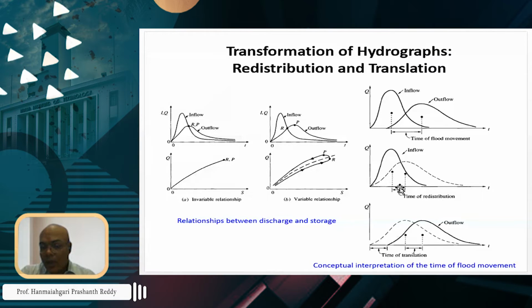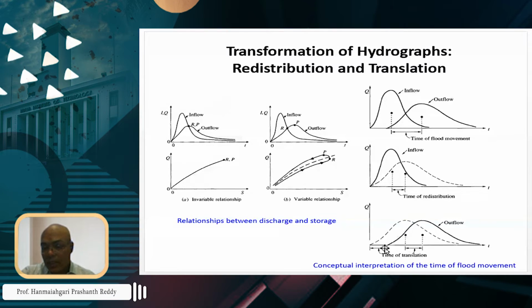But after attaining this constant outflow hydrograph, it is also shifted downstream because of the long distance between the sections where inflow and outflow hydrographs are measured. So since the distance is long, this outflow hydrograph is also translated.